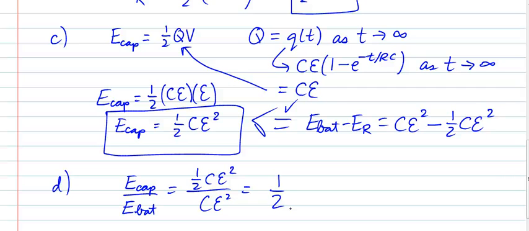The other half is dissipated. You might ask, where's the dependence on R? There isn't a dependence on R. All that R does is adjust the time factor, RC, so you might have to wait a little bit longer for the energy to go to the capacitor. But in the end, you're always going to have the same percentage.